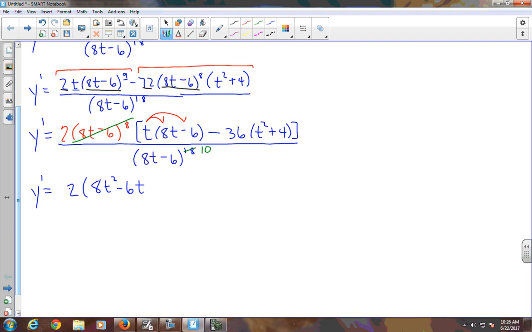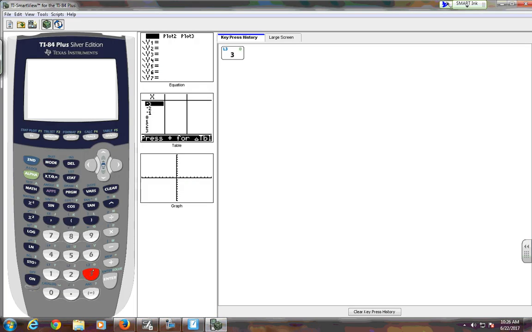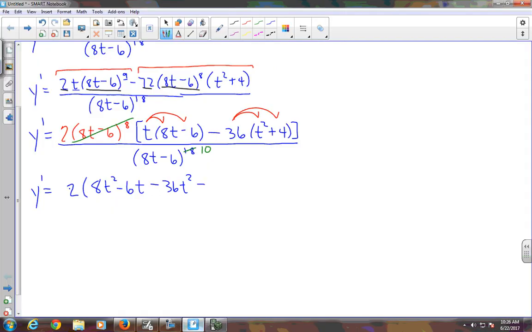When we distribute the negative 36 here, we have negative 36t squared minus what? I better multiply this right while I'm on video, right? I'm going to pop over and double check with my calculator. We get 144. So we have 36t squared minus 144, divided by (8t minus 6) to the 10th power.